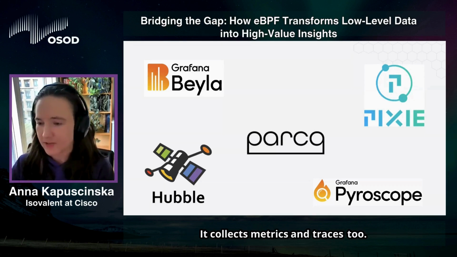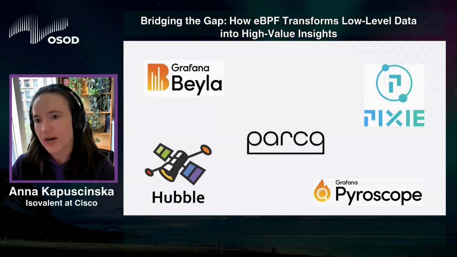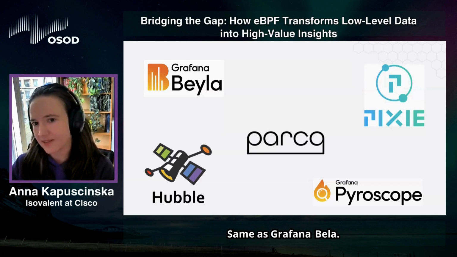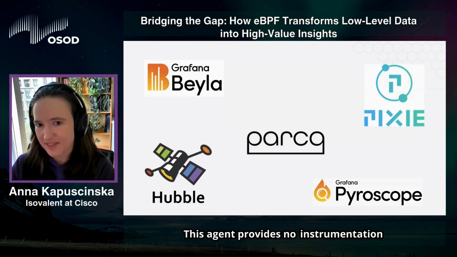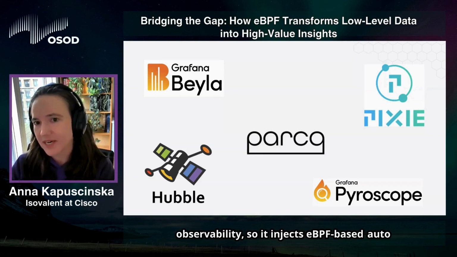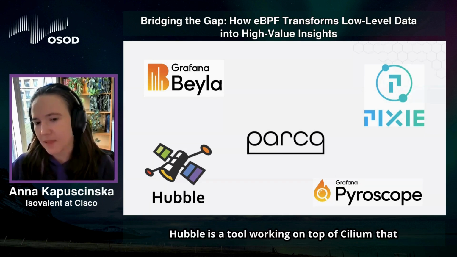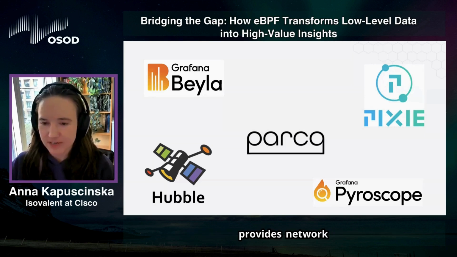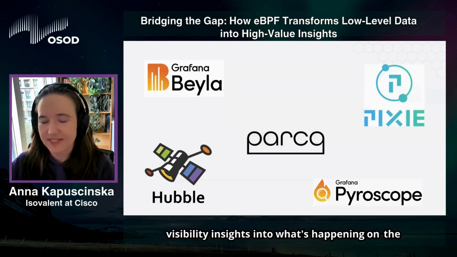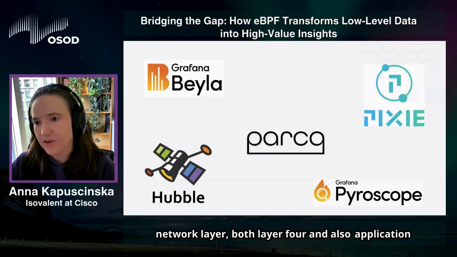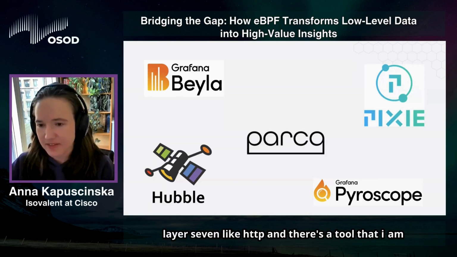It collects metrics and traces too. Same as Grafana Beyla. This agent provides no-instrumentation observability, so it injects eBPF-based auto-instrumentation. Hubble is a tool working on top of Cilium that provides network visibility, insights into what's happening on the network layer, both layer 4 and also application layer 7, like HTTP.